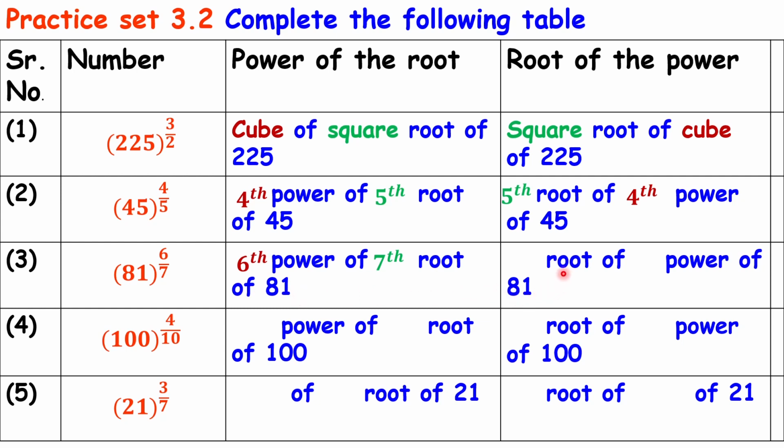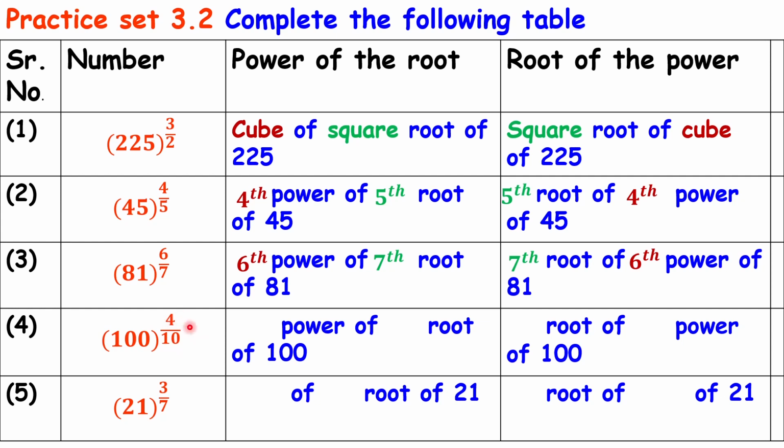In root of the power way, which is the root, 7 is the root, so 7th root of 6th power of 81. Correct?